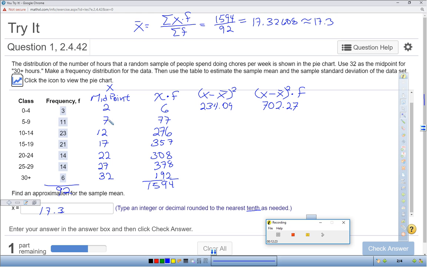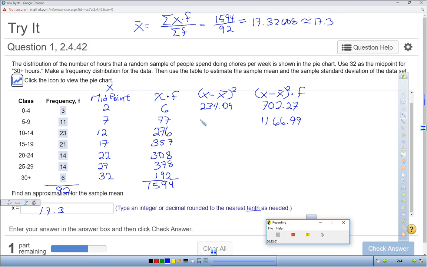They repeat the process here. The midpoint, the x, which is 7, minus the mean, 17.3, equals negative 10.3. Now we square the result, and then multiply by the frequency, which is 11. The total answer is 1,166.99.